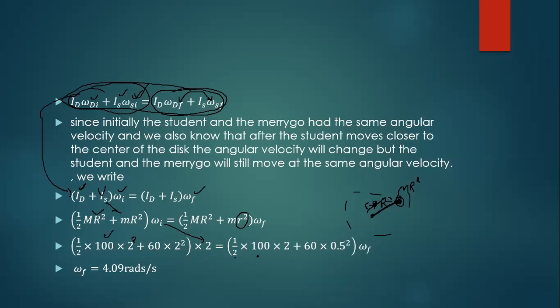We have the moment of inertia for the merry-go-round, and as I said, I should have put a squared because there is r squared. But for the student, we have maintained the mass, but the radius of the student has changed. It became 0.5. We are still squaring it. So what are we looking for? We are looking for this final angular velocity. And when we solve this equation, we're able to find the angular velocity as this. Is that okay, how we have solved the angular velocity?